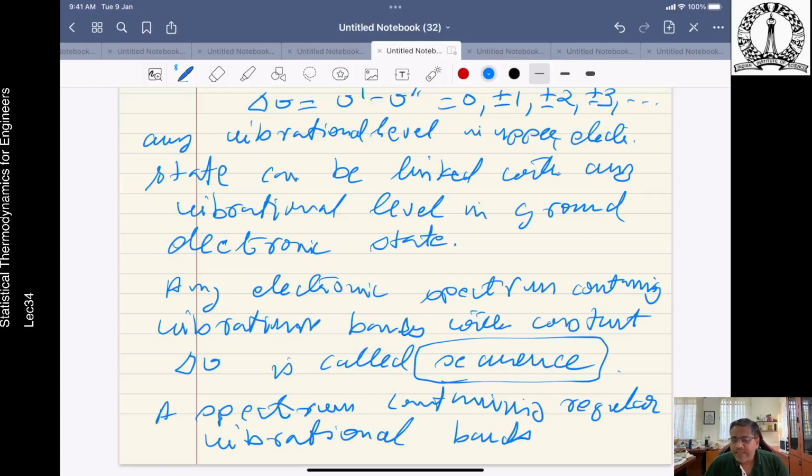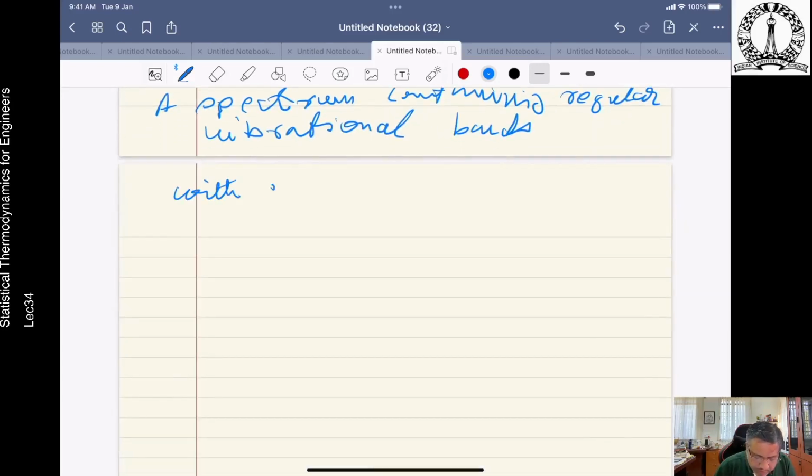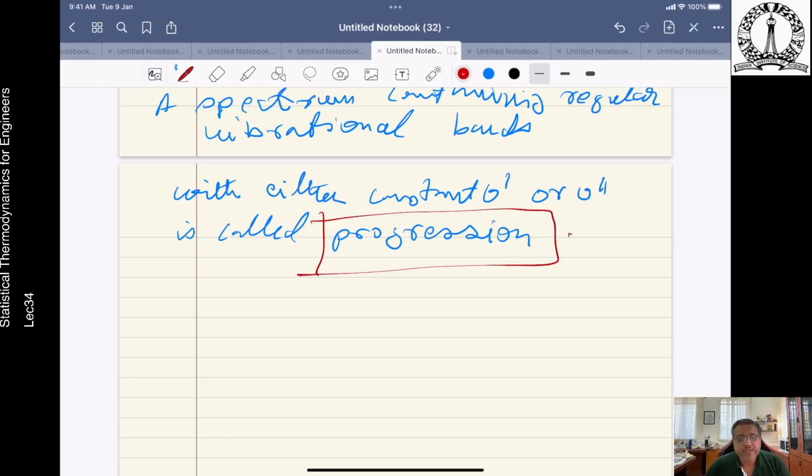Such sequences and progressions are best understood if we use an energy level diagram, which we will do in the next class.